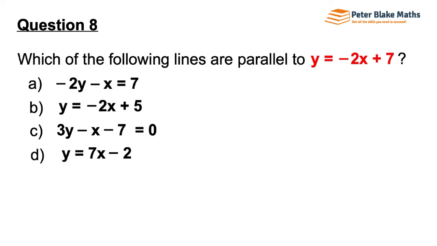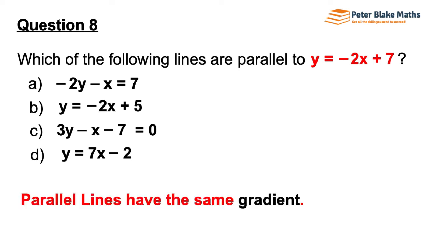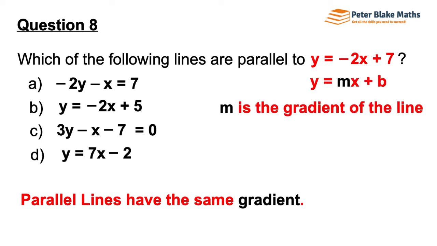Question 8. Which of the following lines are parallel to y equals minus 2x plus 7? Our options are minus 2y minus x equals 7, y equals minus 2x plus 5, 3y minus x minus 7 equals 0, or perhaps y equals 7x minus 2. Parallel lines have the same gradient, so we want a gradient of minus 2.